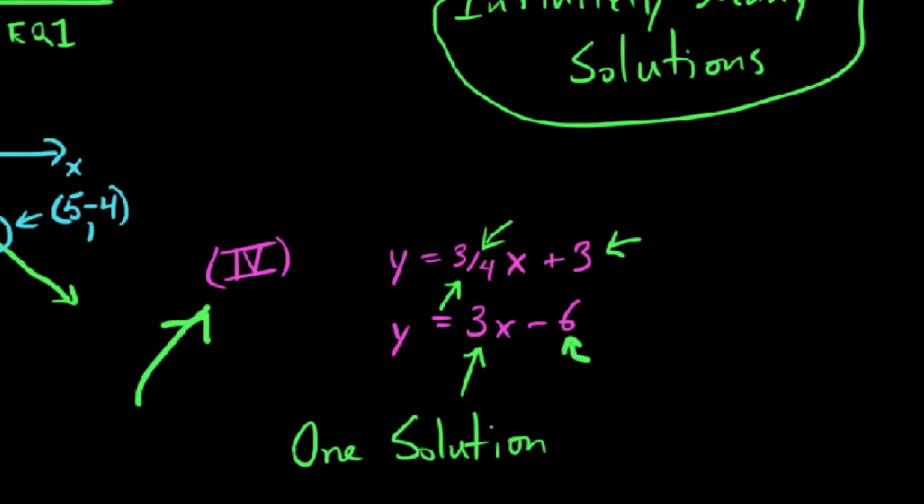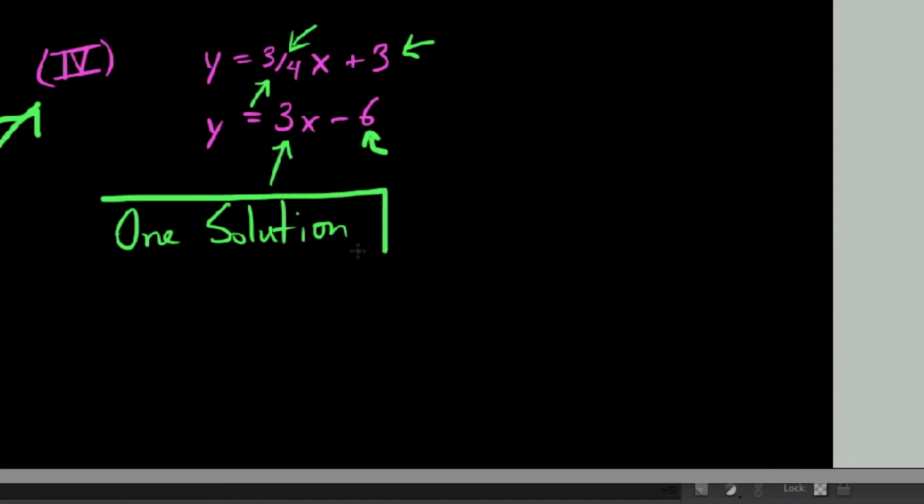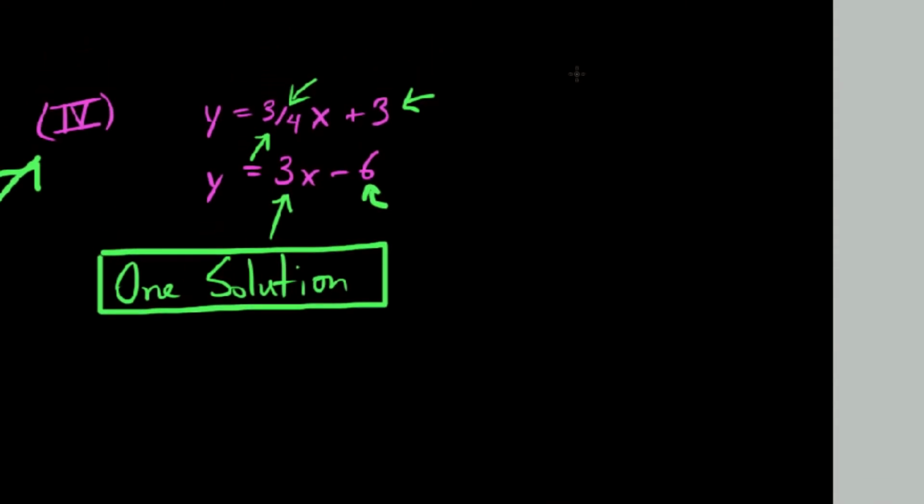Now part of our instructions here were not only to determine how many solutions this system has, which was 1, but if we had one solution, we would want to check to see that the solution works. If we say (4, 6), we have to plug this back into both equations, because remember, a solution to a system has to satisfy everybody in the system to make sure it works.